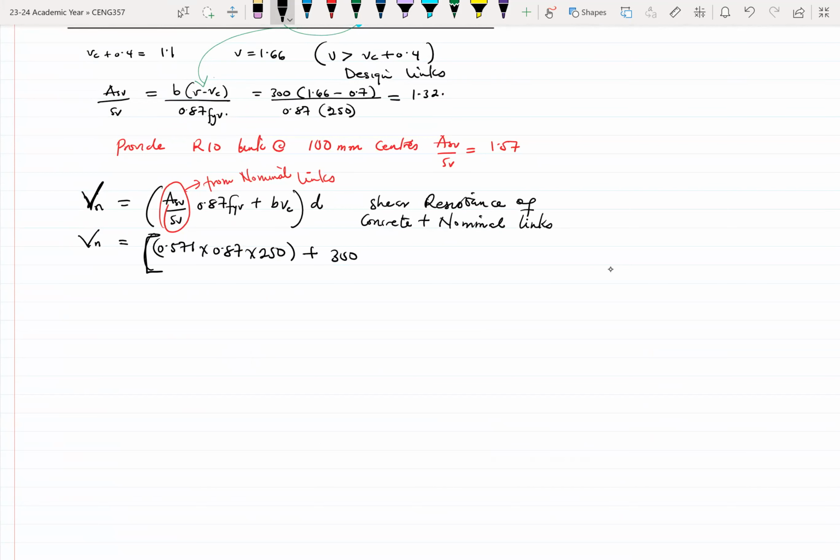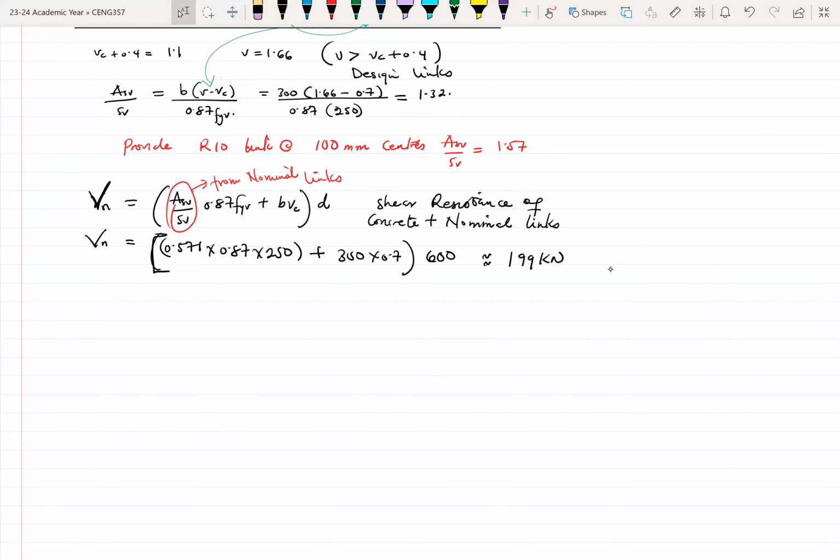And now VC is 0.7. So times 0.7, then times a D of 600. Okay. So this should be approximately 199 kilonewtons. Okay. It might slightly change.